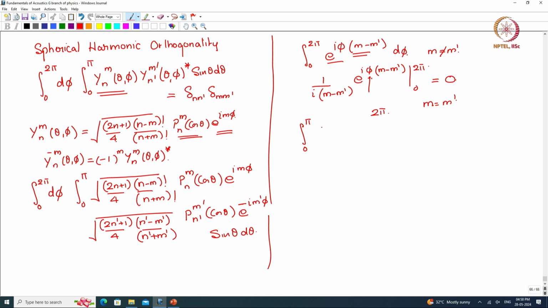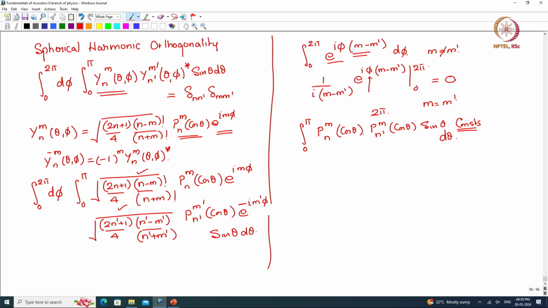So I have P_n^m(cos theta) P_n'^m(cos theta) sin theta and some constants. Product of these is a huge constant, so I am going to keep it there, and d theta.